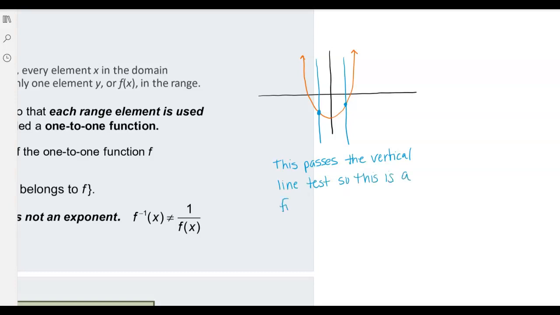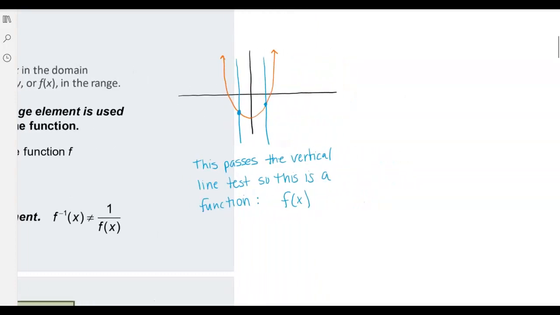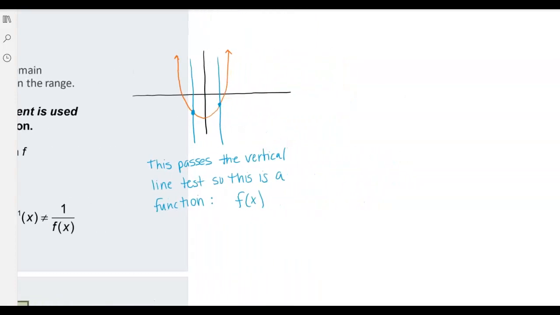And when something is a function, we give it a special designation. We use the notation f of x rather than just y equals. An example of something that would not be a function would be maybe a circle. There is an equation that we can write that would be the equation of this circle. The unit circle is x squared plus y squared is equal to 1.